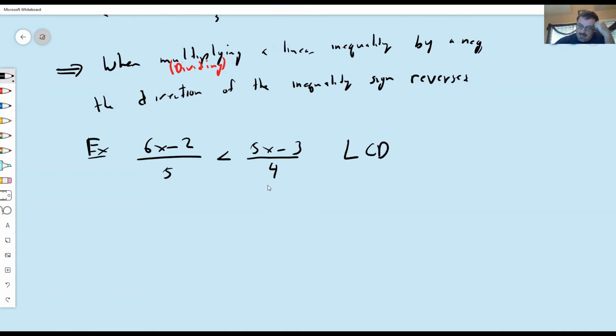If you can look at it and know by inspection, great. And that's actually going to be 20. If you're not sure, we go here to our scrap paper. There's 5 and 4. What you're going to do is factor your denominators as much as possible. 5 is just 1 times 5, so we put a 5. And 2 and 2.